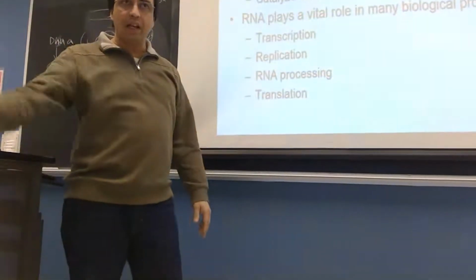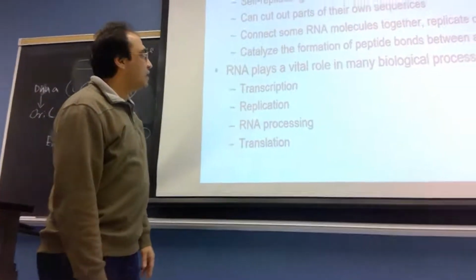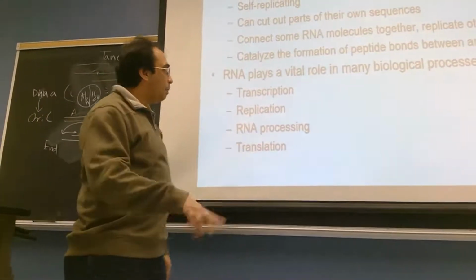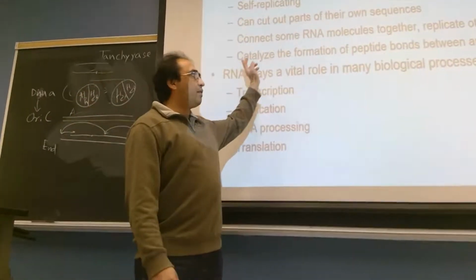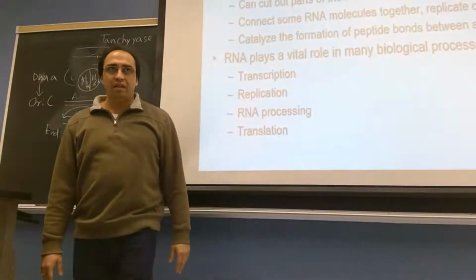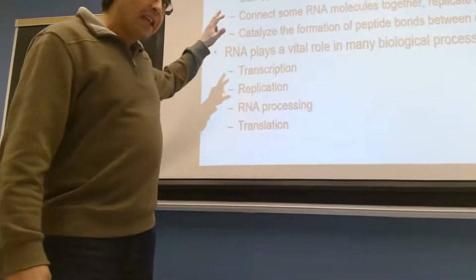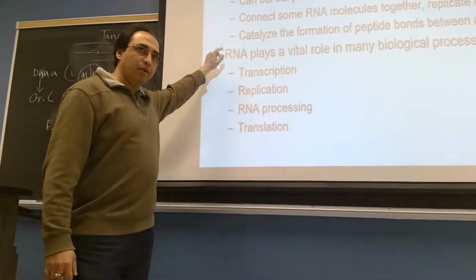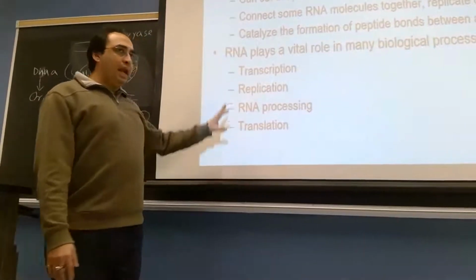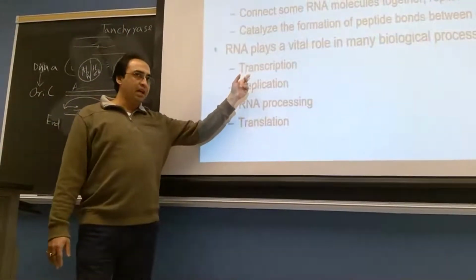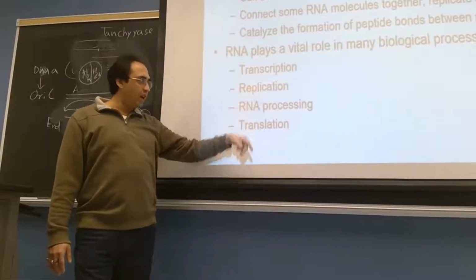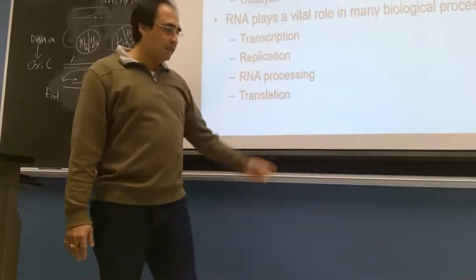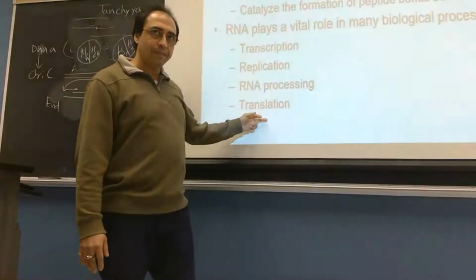They can cut other parts of the RNAs, can connect some RNA molecules together so they can replicate others, and catalyze the formation of peptide bonds. So this is the function. They can act as an enzyme. That's why these are called catalytic RNA or ribozymes. But mainly their processes are transcription, replication of RNA in RNA viruses, RNA processing, that is RNA splicing and other things, and translation.